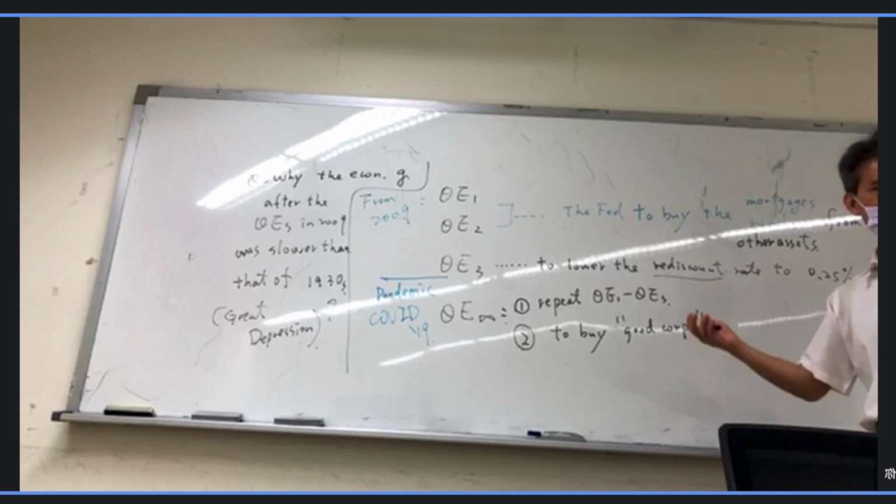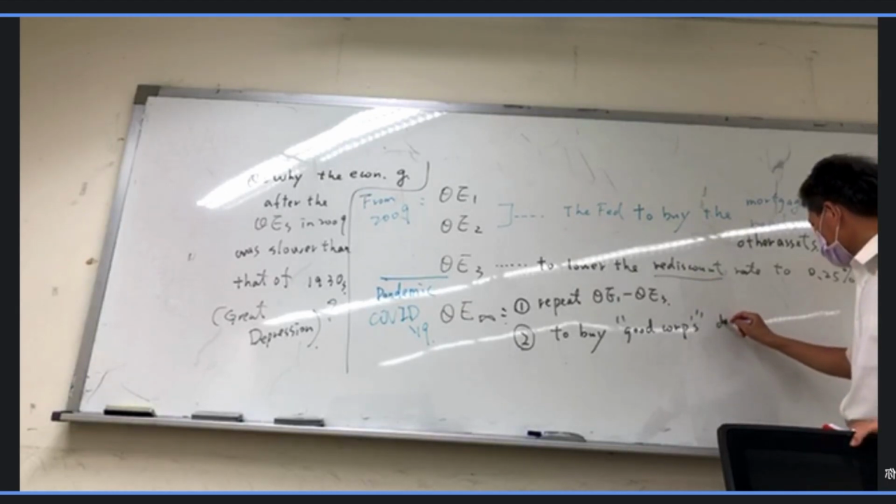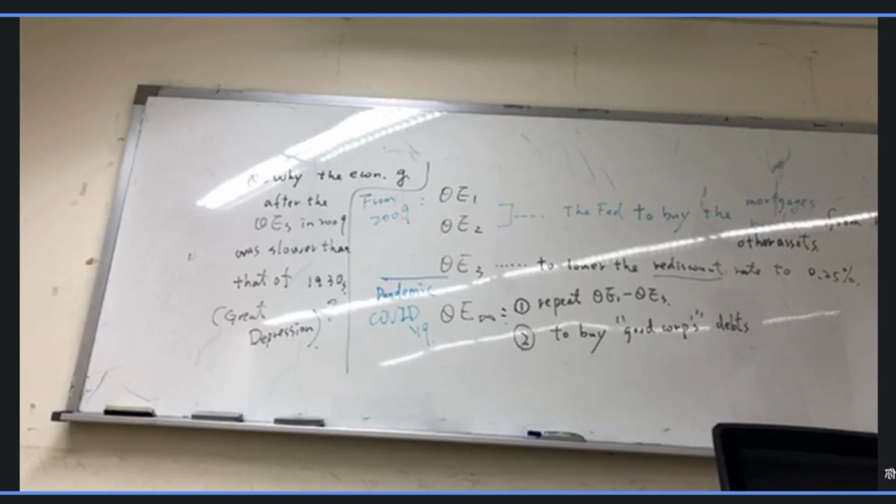Good corporations, which means they are rated grade A. Good corporations' debt, which means corporate bonds, to issue, or newly issued, or going to mature. Or newly issued. What does it mean?